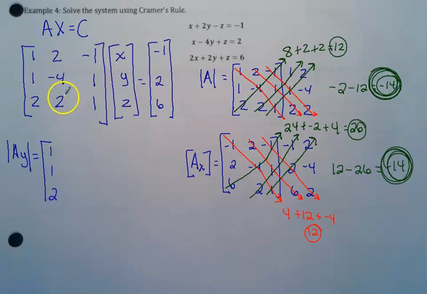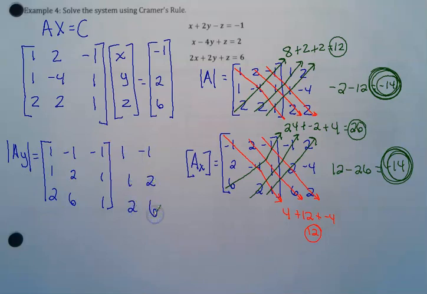I'm going to replace my y column with -1, 2, and 6, because those are my constants. And then I'm going to copy down my z column, -1, 1, and 1. Then I copy my first two columns to the right. So 1, -1, 1, 2, and 2, 6.